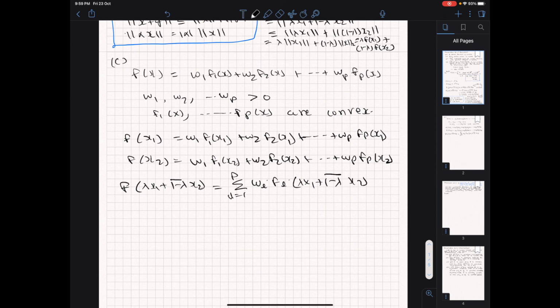But each of these fi's being convex, I can induce the property of convexity and write this as wi times, open a bracket, fi of whatever is here is less than or equal to lambda times fi of x1 plus 1 minus lambda times fi of x2.